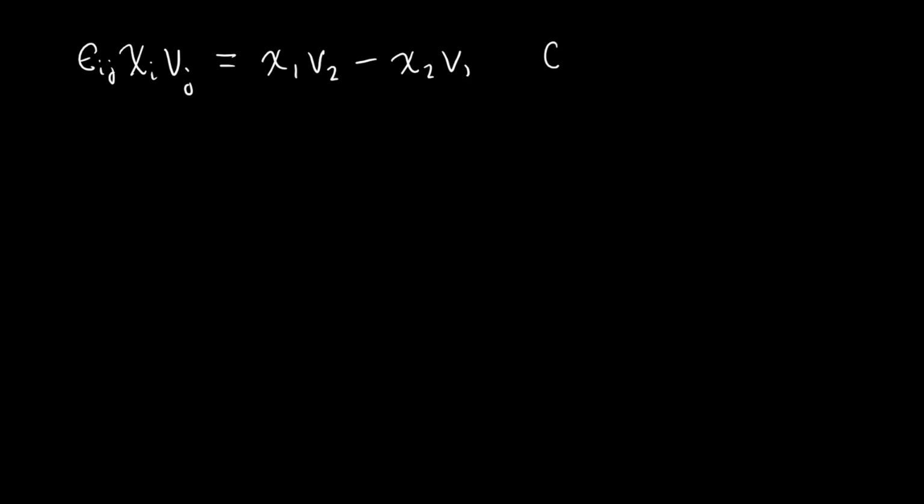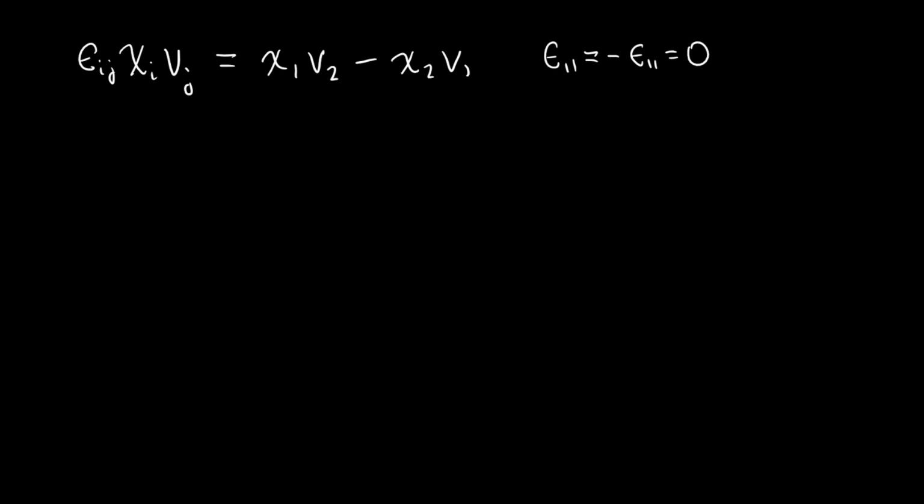Because remember, if I have epsilon ii, I'll write this as epsilon 1,1. This is going to be equal to minus epsilon 1,1, which has to be equal to 0, and same for epsilon 2,2. Because I can just exchange these two indices, but it gives me the exact same thing, and if anything is equal to minus itself, it has to be 0.